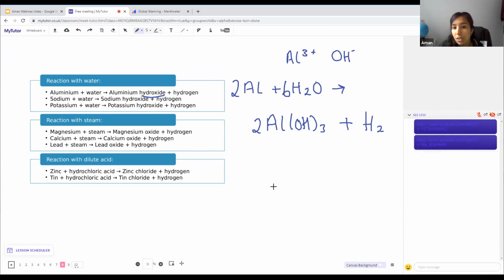So we just need to make these hydrogens match. So what do we need to put in front of that hydrogen for the balanced equation to match? Good, yep, 3, excellent, well done, 3.